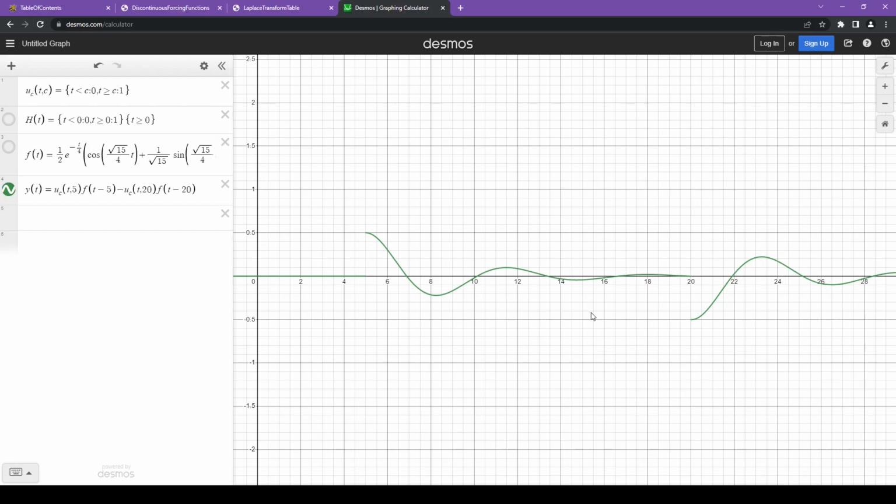Most of the problems that we work on for this class will have answers that end up looking something like the example that we just completed here. When we come back next class, we will add another wrinkle, another type of discontinuous function that has important application purposes for us.